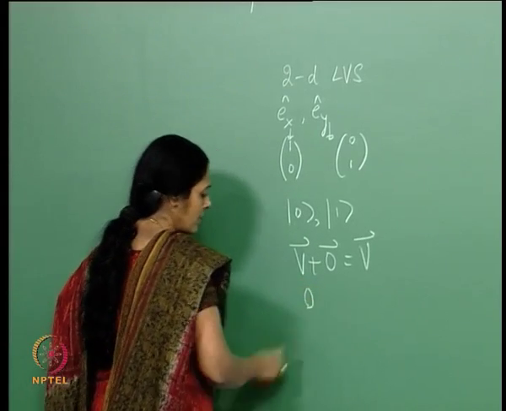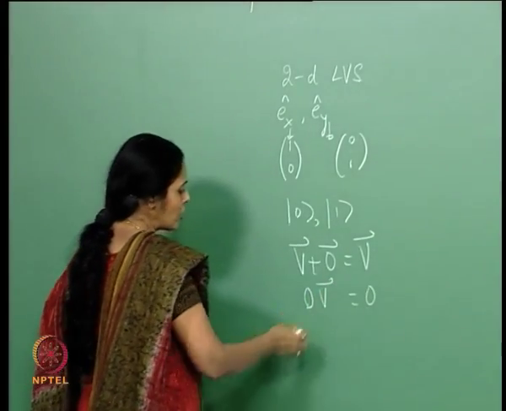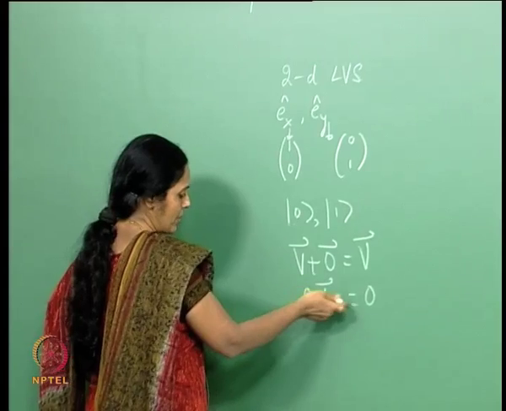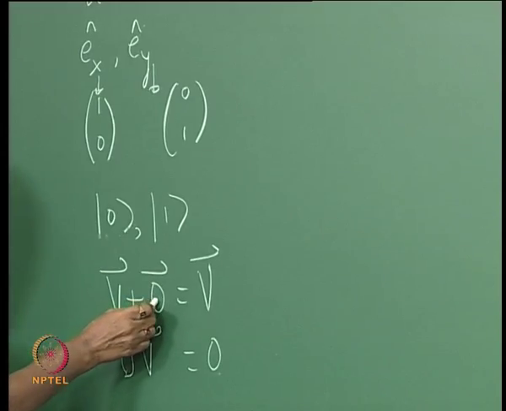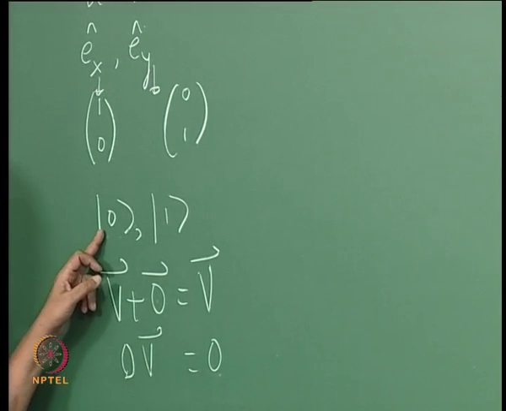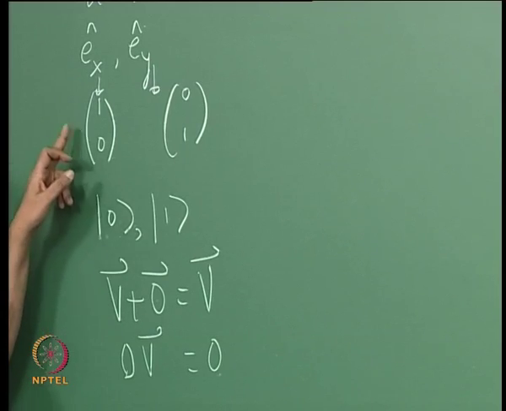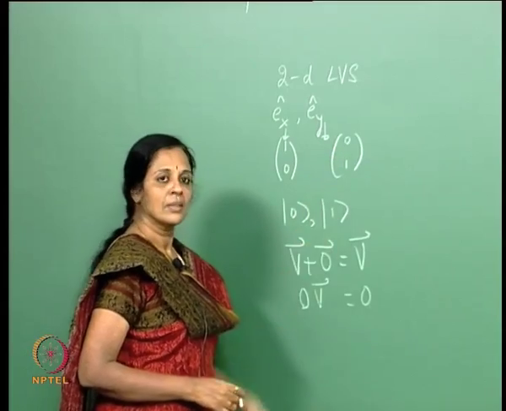I also introduced the scalar, the number 0, which multiplied with any vector in the space gives me 0. This ket does not represent the null vector, nor does it represent 0. It is merely a label for a basis vector, and this is another label for this basis vector.